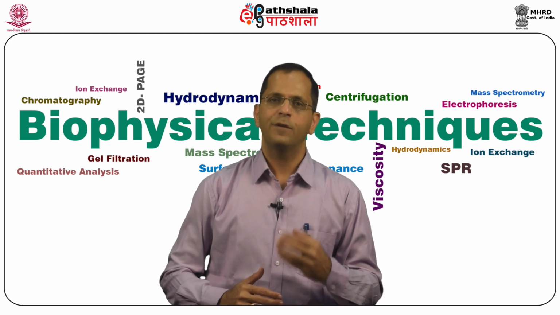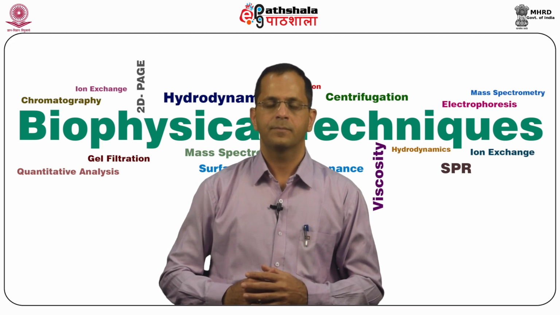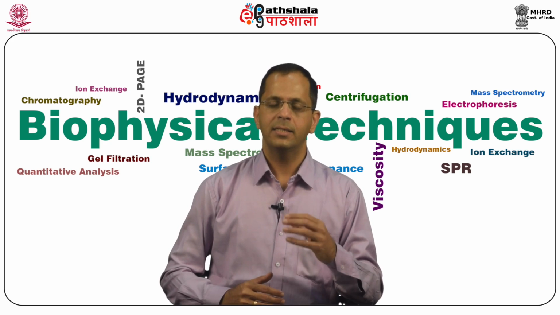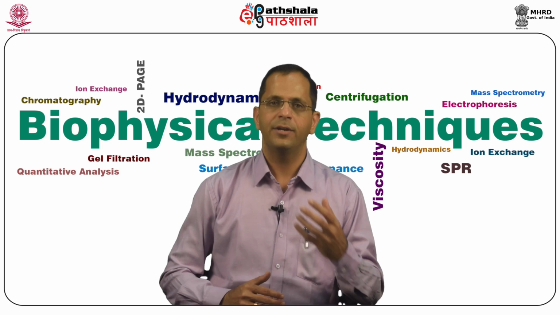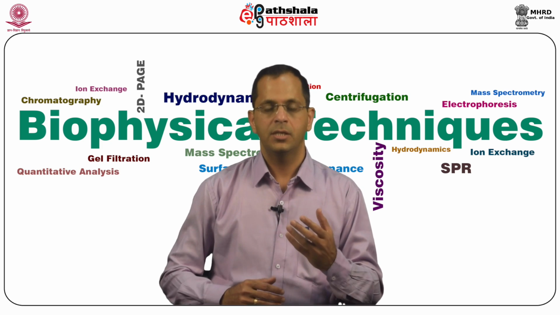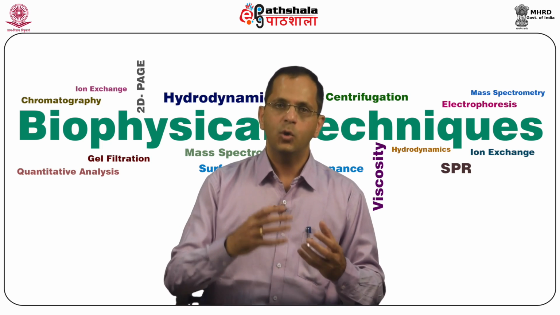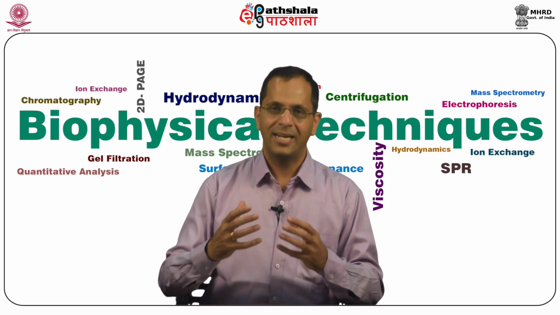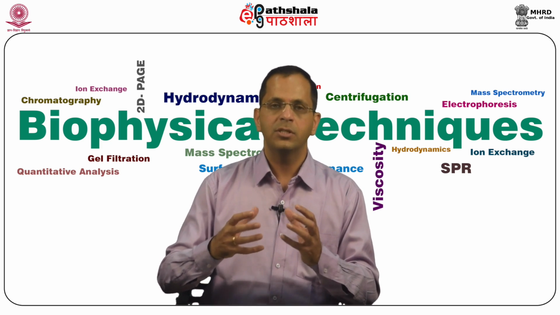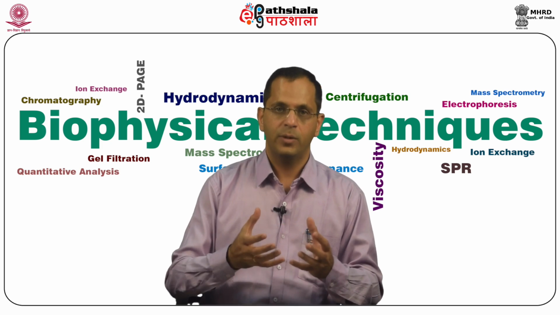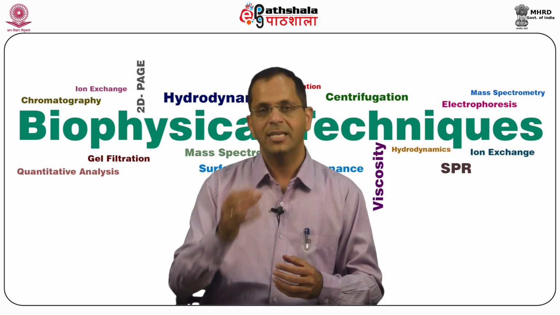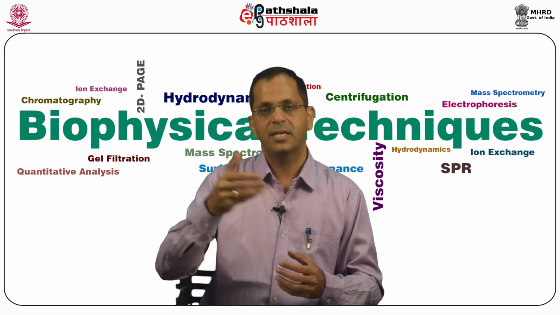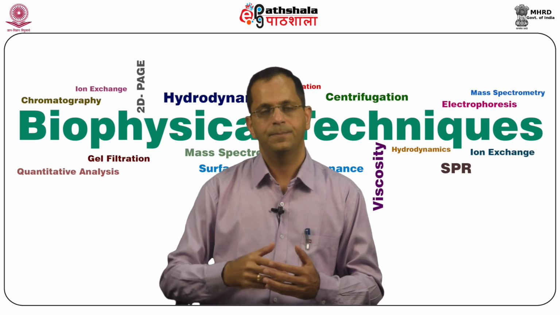Sample processing for gel electrophoresis. The whole idea here is to have a good representation of proteins in a particular tissue. For this, we would need to break covalent and non-covalent interactions that could possibly be present between proteins so that you are able to separate out the polypeptide chains into smaller subunits which are represented on the gel.